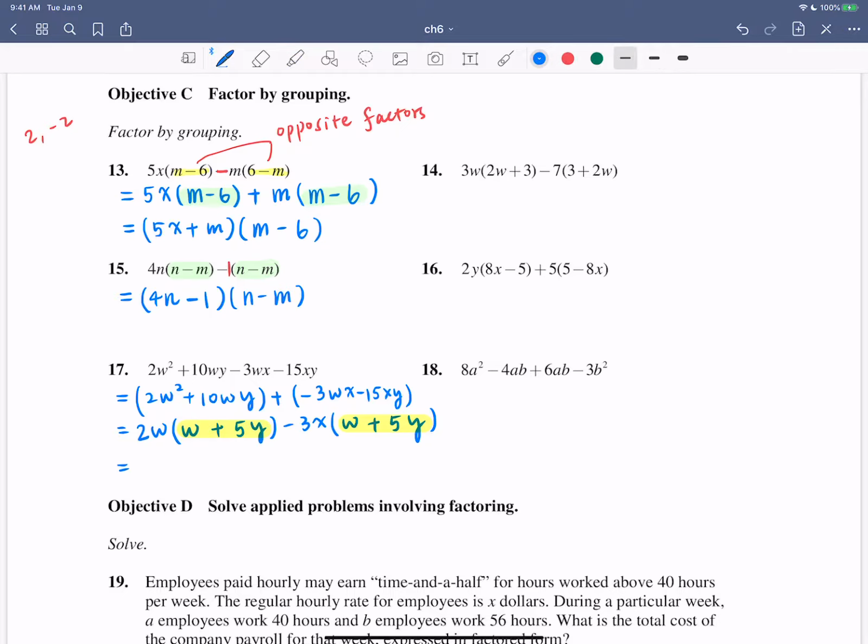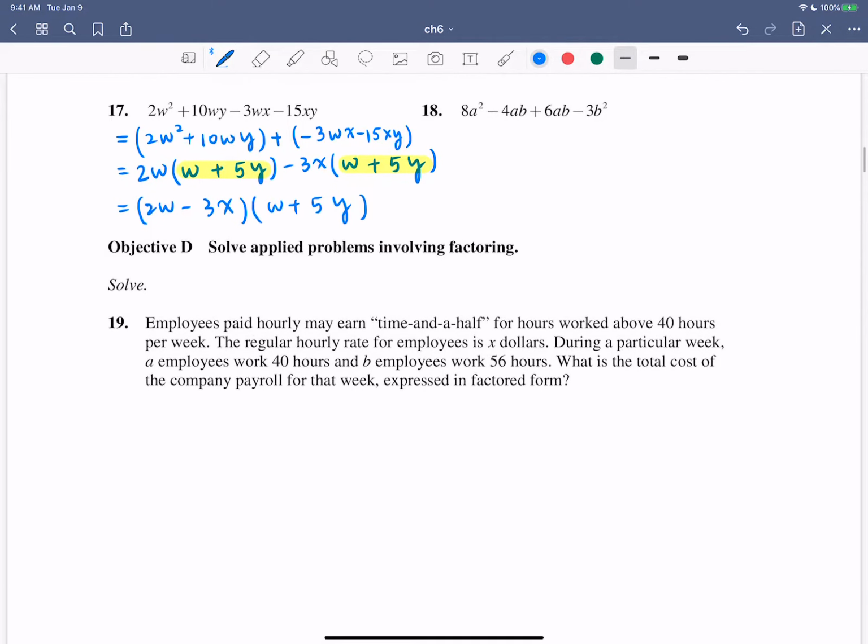Therefore, we do factor by grouping. We take out the GCF, w plus 5y, and we have 2w from the first, and then negative 3x from the second. Write them inside 2 pairs of grouping symbols. That completes our factoring of number 17.